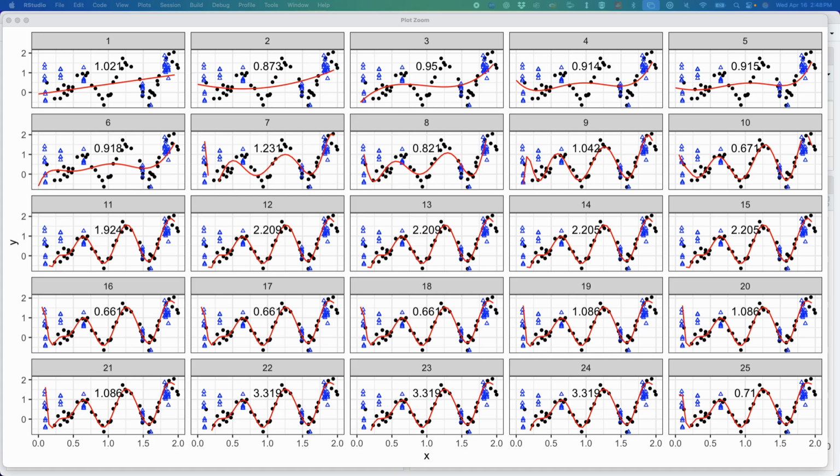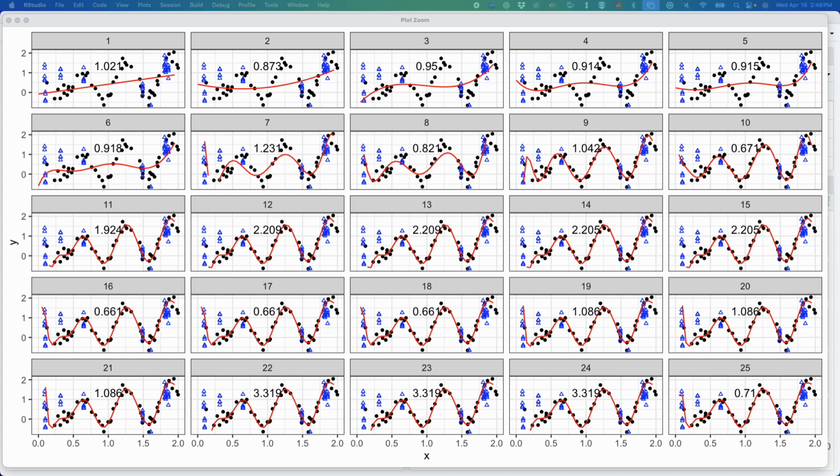But like I said, we have this intuition that increasing complexity may not make the model actually better, especially when we're thinking about predicting to values that the model wasn't initially trained on. And so that's actually what's happening here. The blue dots are the test set. I've used the same function, but different random numbers to generate these blue points.